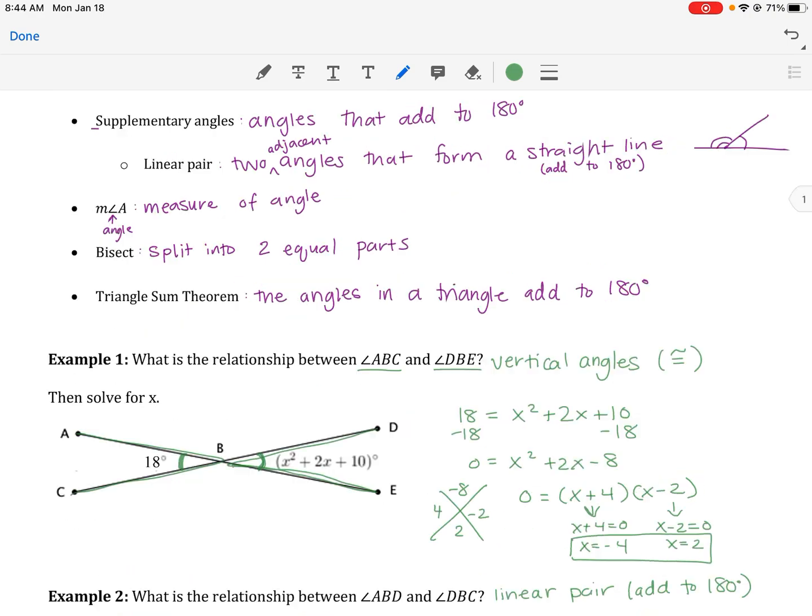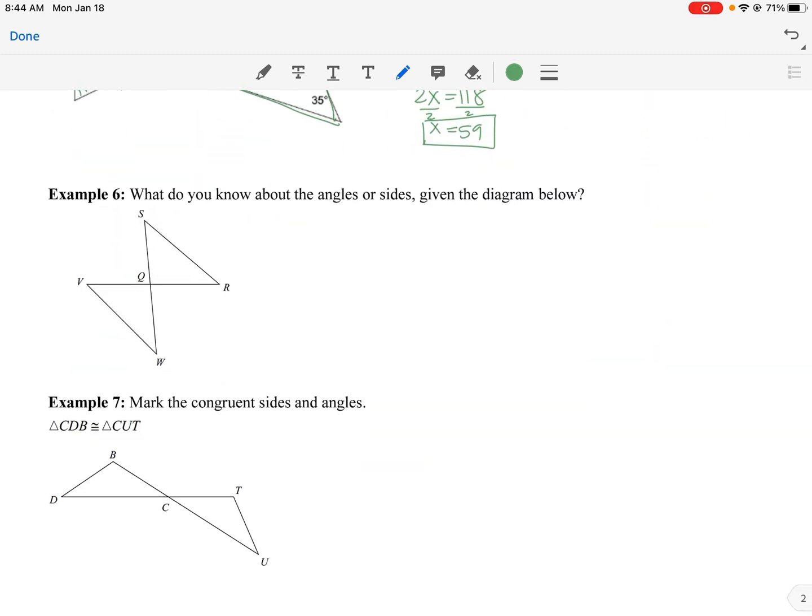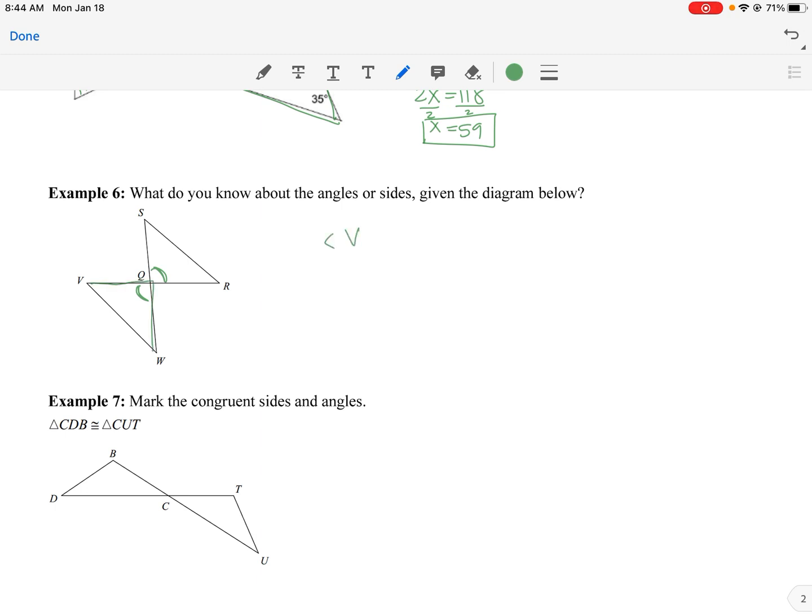Unless you can come back to some geometry, don't just mark things because they look like they're congruent. So here I could say these two central angles are congruent because of vertical angles. If I want to label this, I could call it VQW. Angle VQW is congruent to angle, let's say, SQR. And that would be because of vertical angles.